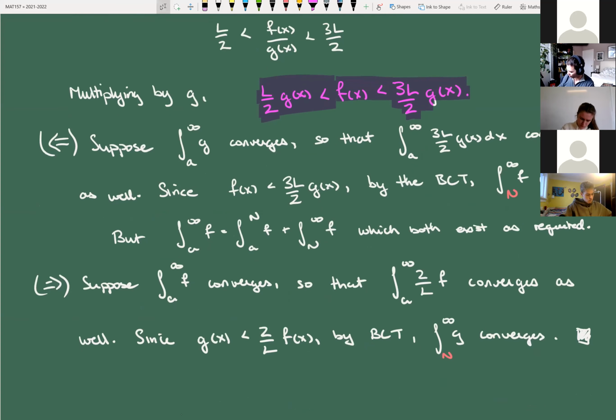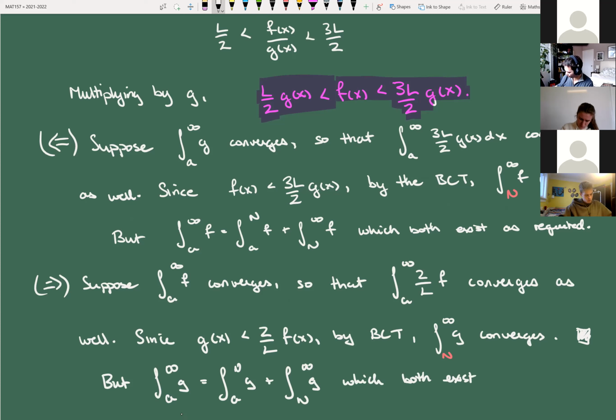And then same sort of story: the integral from a to infinity of g is equal to a to n of g plus n to infinity of g, which both exist, as required.